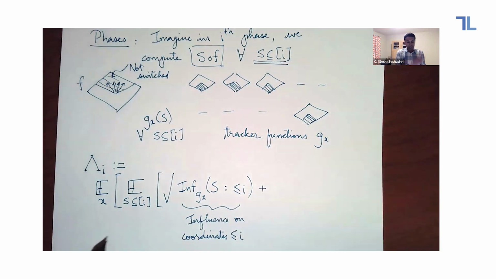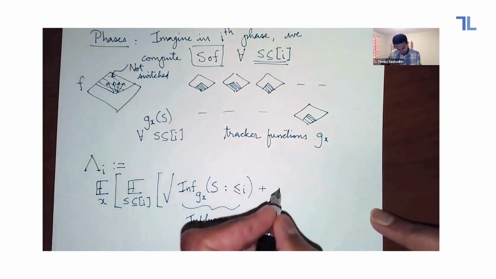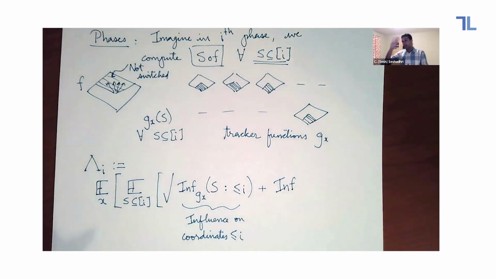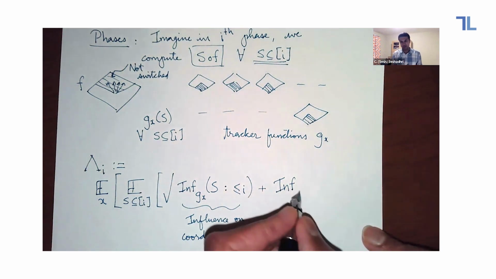For all the remaining, I'm going to look at the influence in the directed sense. Let me write this down and then we'll talk through it. I'm going to do S circ F.